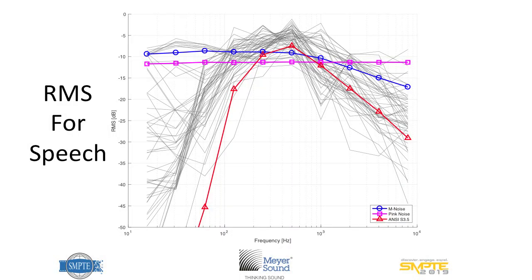So here we are talking about motion pictures and television. I've talked about music so far. Let's move on and talk about some of the other content that you'd expect to see in motion pictures and television. In the world of speech, there's also a standard for the RMS spectra, ANSI S3.5, which specifies standard RMS levels for speech, and that's plotted here in red.